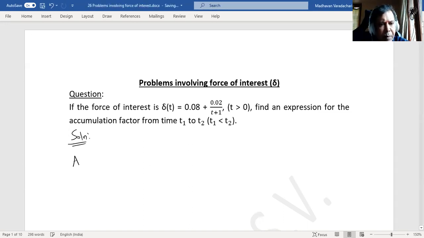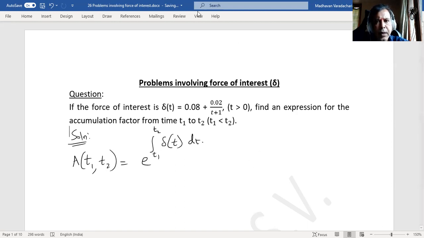We had seen in our previous lecture that the accumulation factor, A(t1, t2), is defined as e to the power of the definite integral from t1 to t2 of delta of t dt.